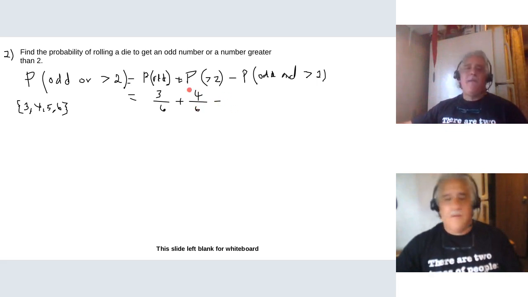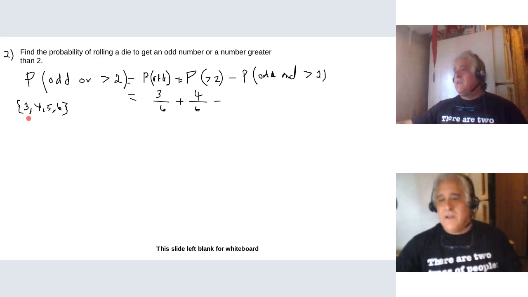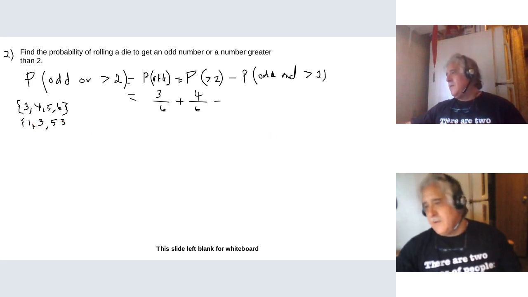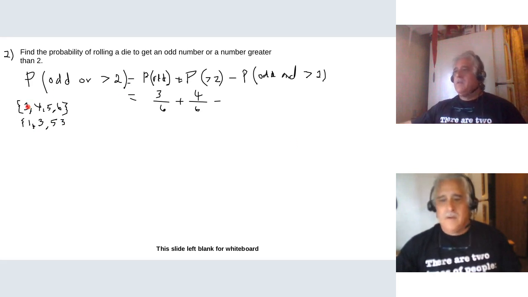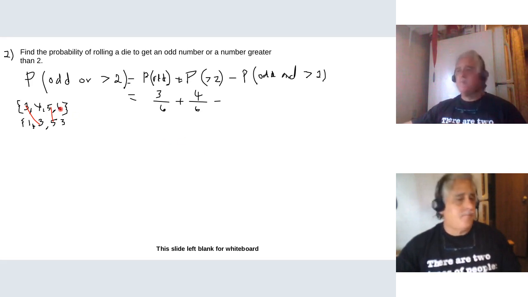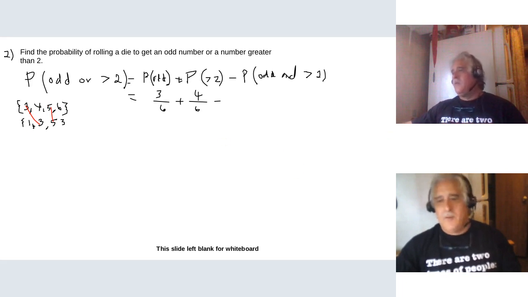Now, like I said, we can also put them here, the other sample space, and put 1, 3, and 5, and then see which ones are alike. All right, so these are alike, and these are alike. So all the other ones are unique.